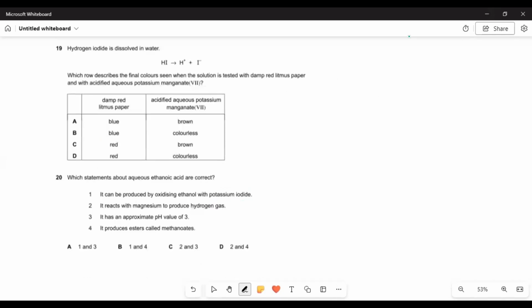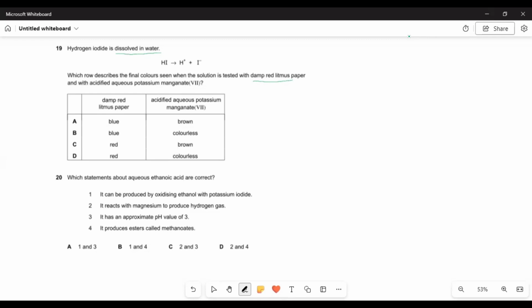Question number 19, hydrogen iodide is dissolved in water. So it will produce hydrogen ion and iodide ion. Which would describe the final color seen when the solution is tested with damp red litmus paper? So what would be the change? No change, because this is the acidic condition. So litmus remains red.